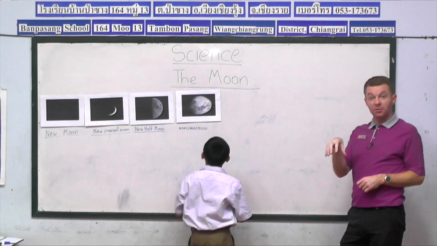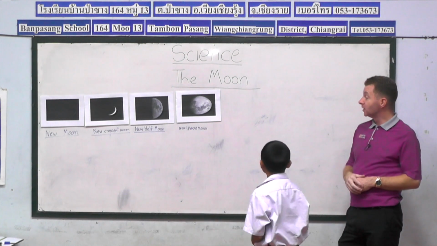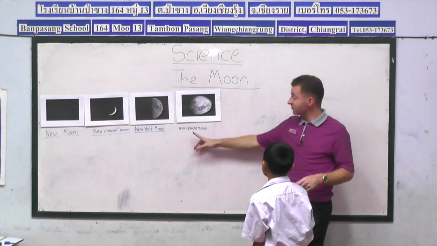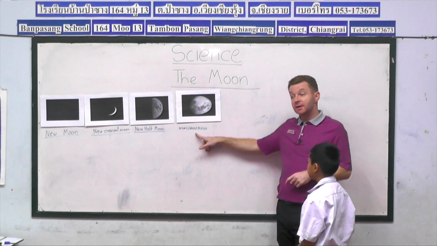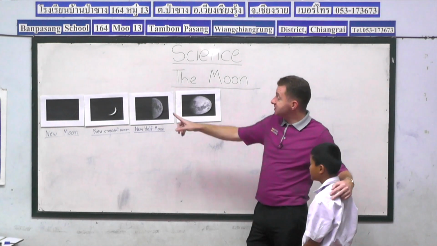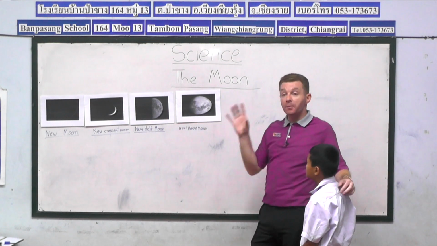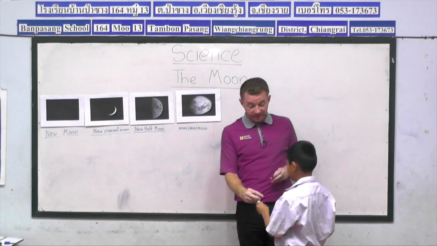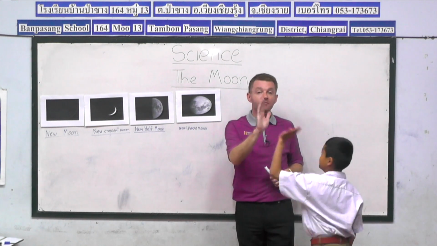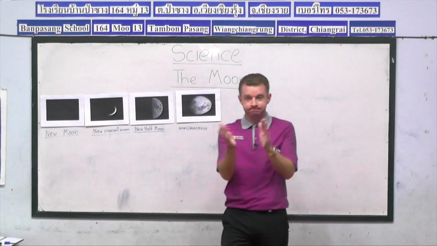Each phase of the moon ends with the word moon. Hugh, that's brilliant. So we can all say together, guys, new gibbous moon. And each time you can see the size of the moon appearing to get bigger as the sunlight reflects on it more. Hugh, that was excellent. High five and a big round of applause for Hugh, please, guys.